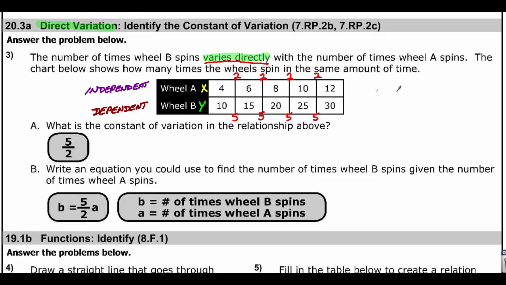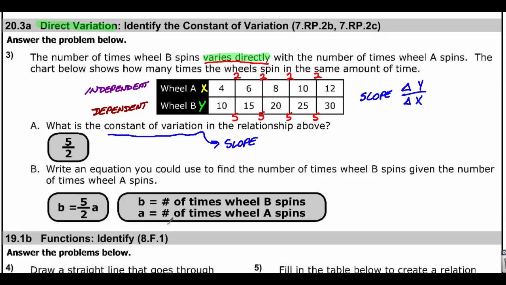So you're going to take your brain back to slope, which was the change in y divided by the change in x, and constant of variation is the same as slope. These all tie together. They might look different, but they all tie together.